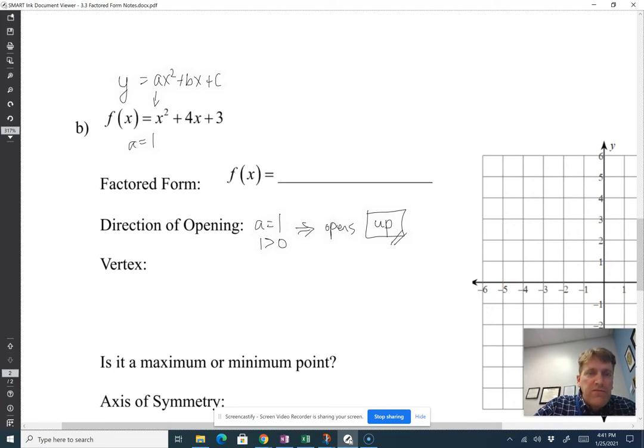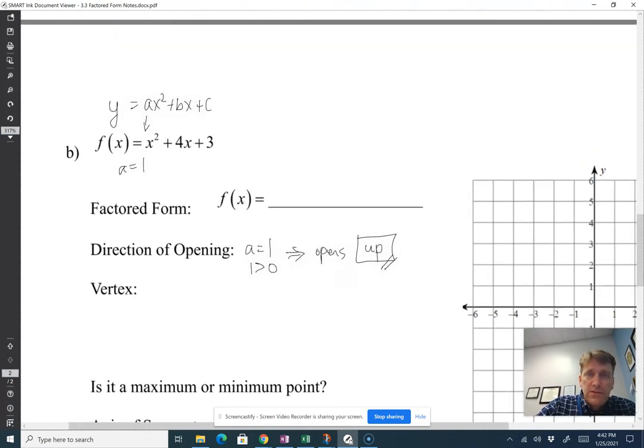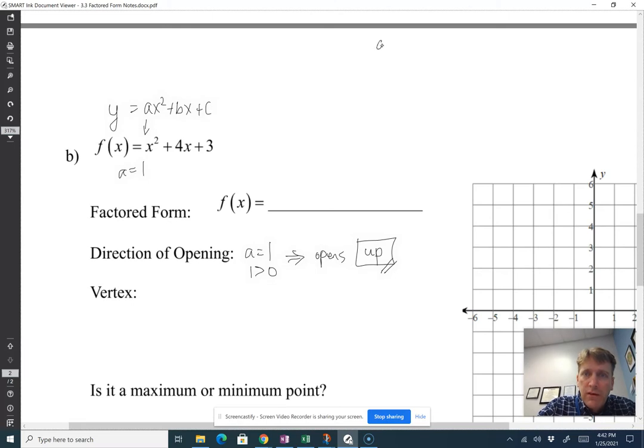But we want to put this in factored form, and for that we have to factor this. So we're going to go up here and say, okay, our AC value is 3, and our B value is 4. Since we're looking for two numbers that multiply to AC that combine to give us B, and since AC is 3, it's prime, there's only two numbers that multiply to give you 3.